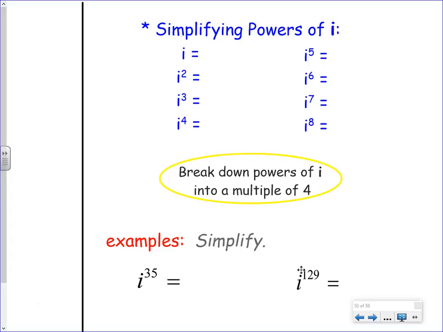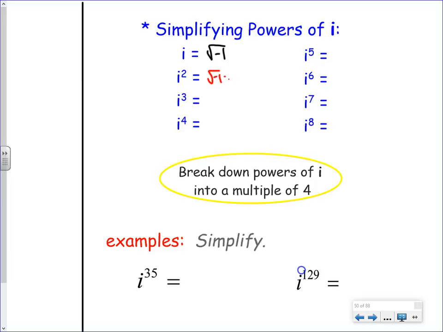So who is i again? Square root of negative 1, right? Which can't break down. It's an imaginary number, it's i, we're done. Who's i squared though?